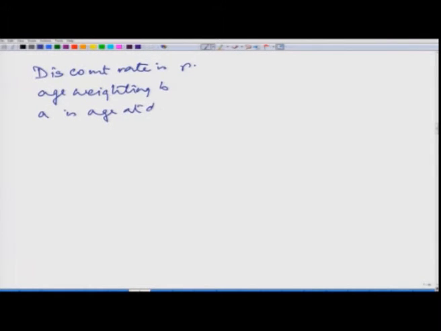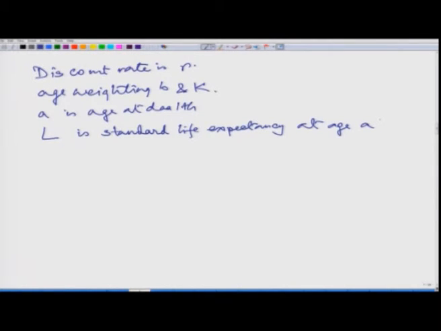First I'll write my discount rate, which is R, age weighting is B, A is age at death, L is standard life expectancy at age A when the person is dying. Age weighting is B and K.